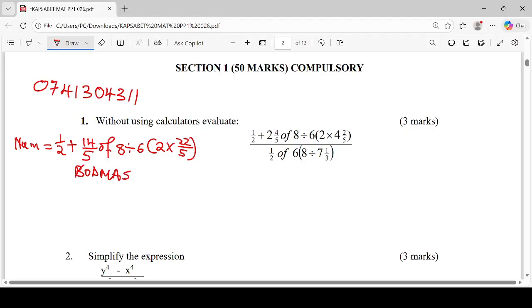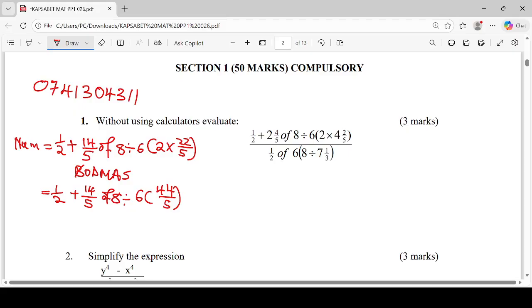We are now going to have this as a half plus 14/5 of 8 being divided by 6 into 44/5.